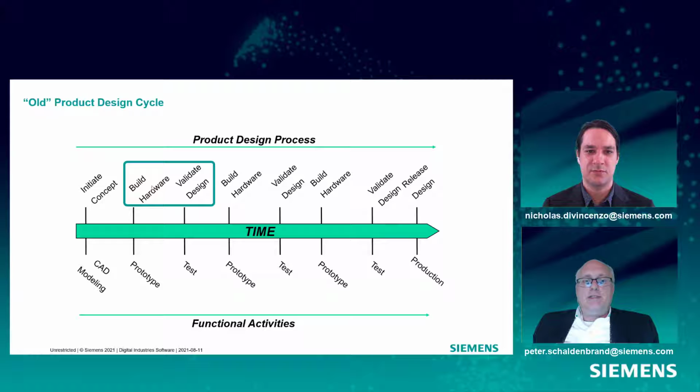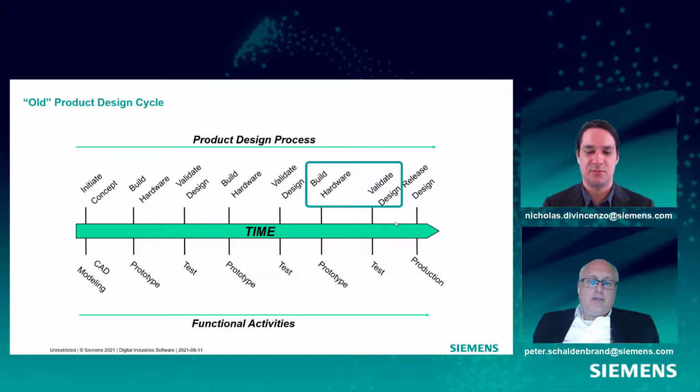Then you'd come back and build a new design. So that was new hardware, validate it, keep checking if things are working properly, tweak it again, build hardware, validate, etc. So that took a while to come up with a final design and release it, right? Because there were a lot of hardware prototypes that were built.